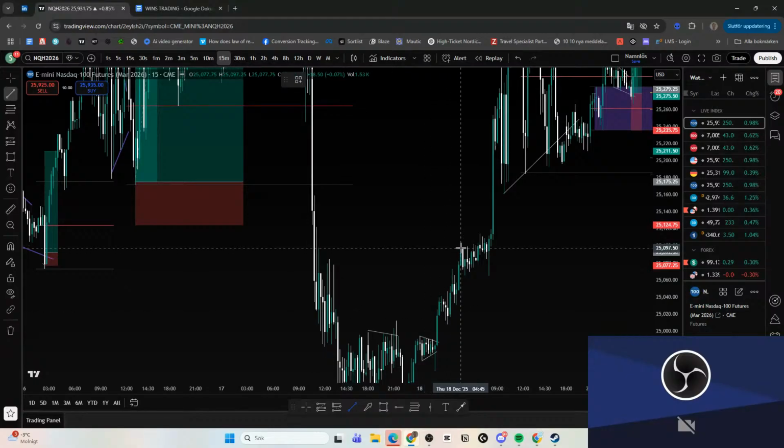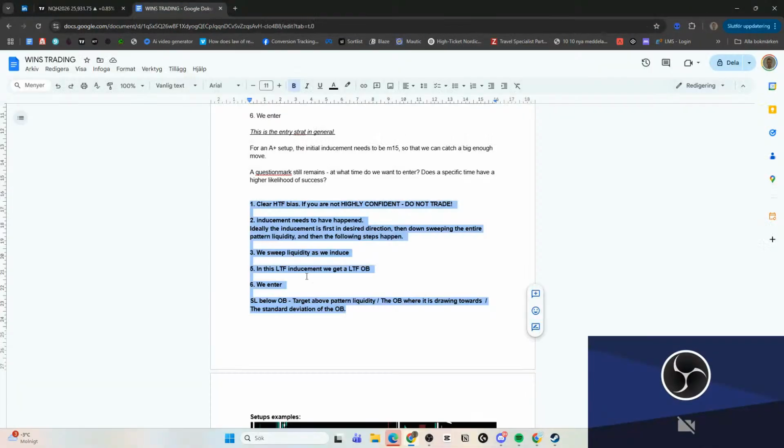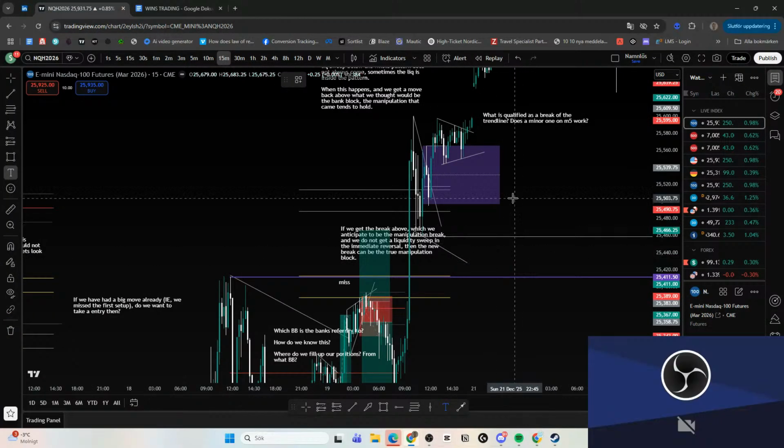Probably here as well. Right, detail pattern, inducement, sweep, move. So that's for an A+ setup, the reversal should be fast. I think that's very valid.